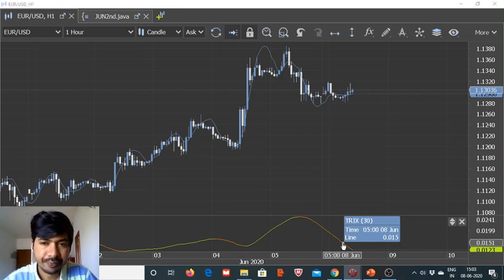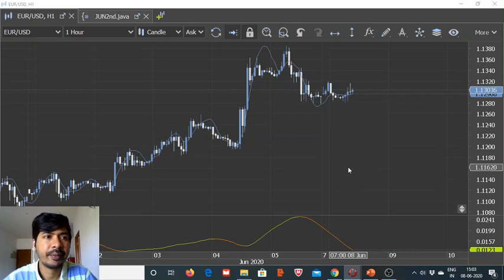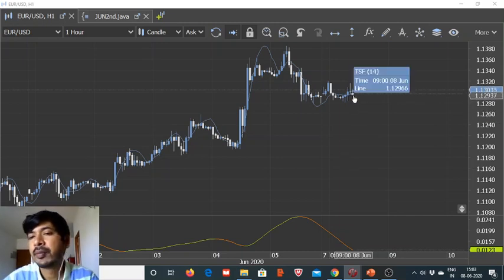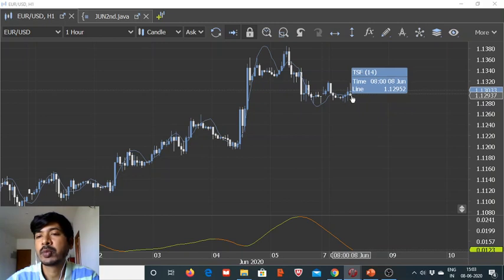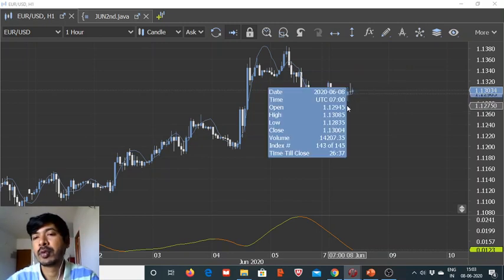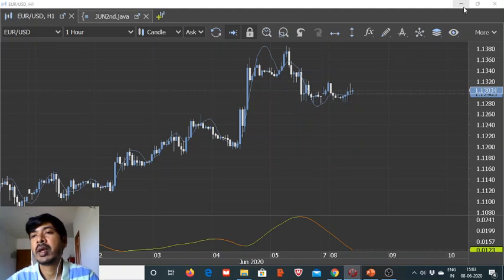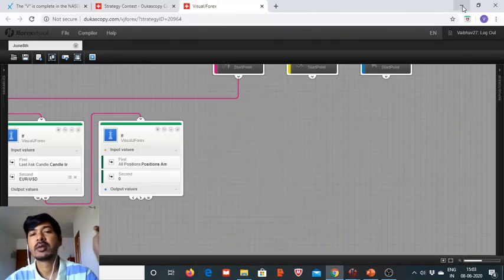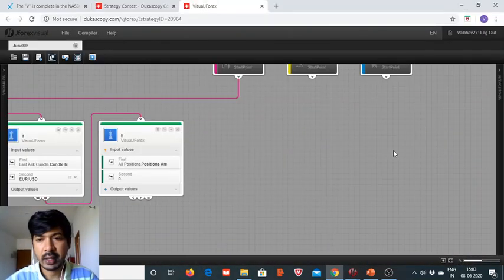And for TSF we will need 4 TSF blocks with shift 1, shift 2, shift 3, shift 4. So the last 4 hours of TSF data and the last 4 hours of candle closing data will be compared to see if we have the desired combination. So let us bring that in.